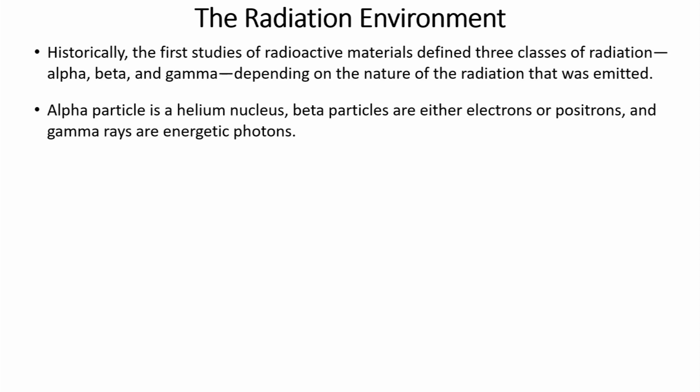Basically, an alpha particle is a helium nucleus, and beta particles can be either electrons or positrons. A positron has the same mass as an electron, but it has a positive charge. It is a subatomic particle, and gamma rays are energetic photons. So these are the differences between alpha, beta and gamma particles.